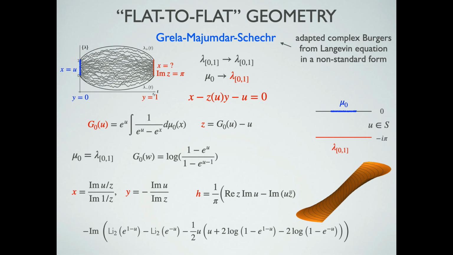This was studied in the work of Grella, Majumdar, and Schehr, and they found, from the Langevin equation, they deduced an adapted complex Burgers equation for this situation in a non-standard form, and then they were able to solve this at specific time values like 1/4, 1/2, 1/4, and so on, and describe the particle distribution there.